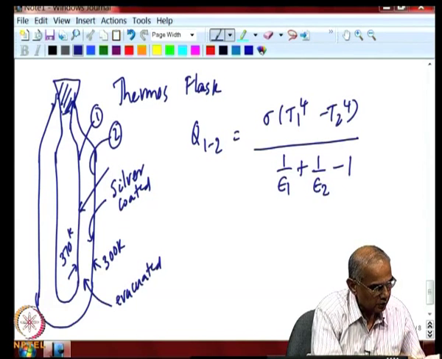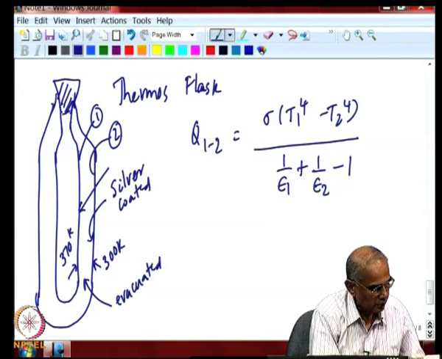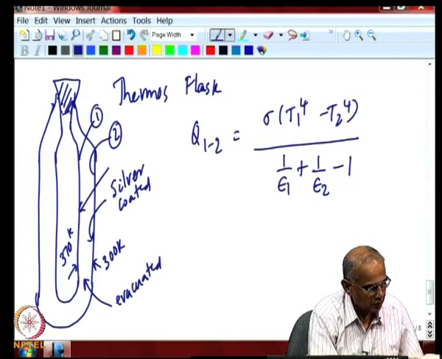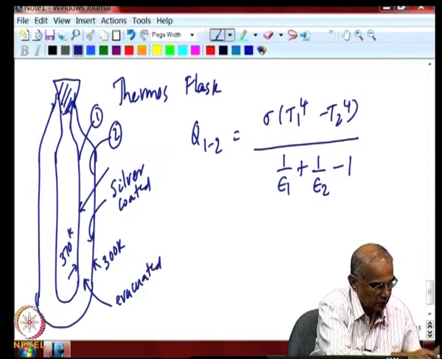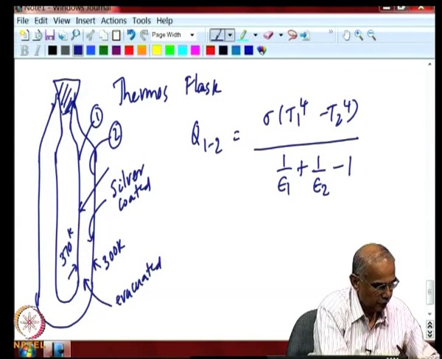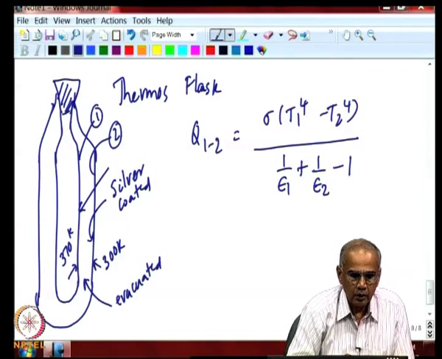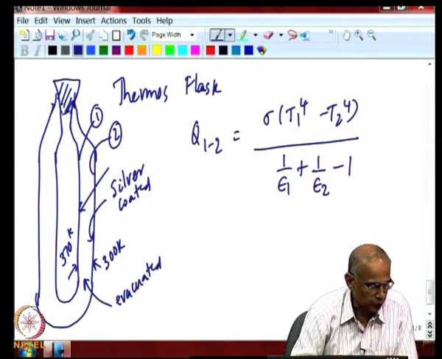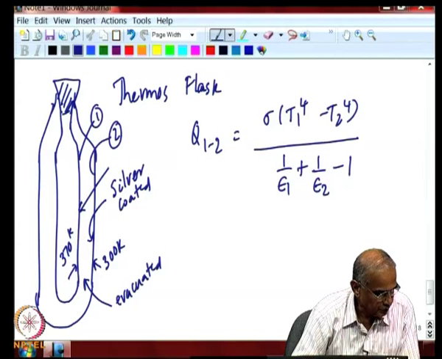We neglect the heat transfer by conduction and by convection, because we have essentially reduced them by evacuation. But the key issue to remember is that ultimately, even if you control conduction totally and only radiation remains, let us put some typical numbers here and see what the numbers are.